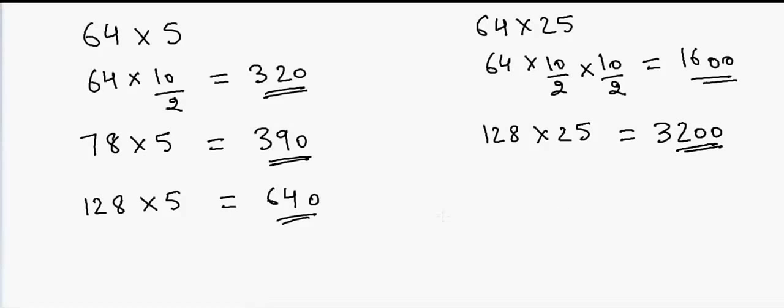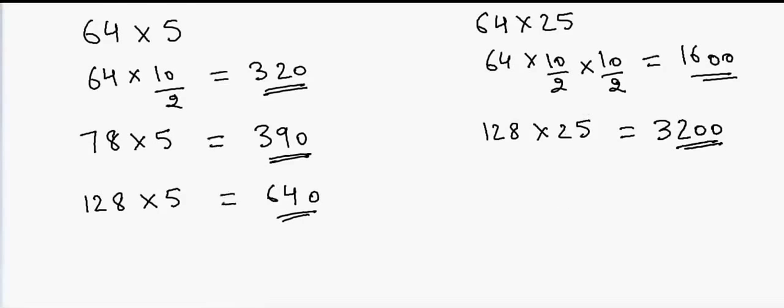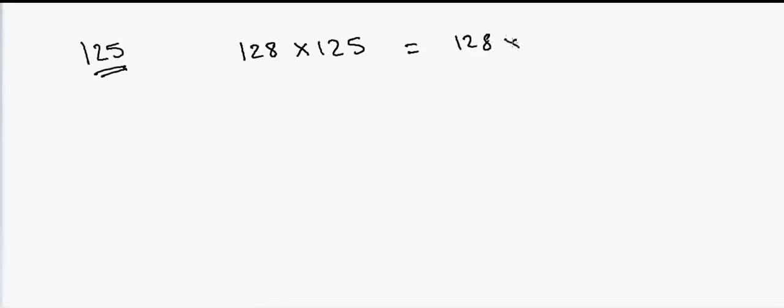Again, let's go to one more trick. If we have to multiply by 125, so how do I multiply by 125? I'll take an example. So 128 I want to multiply by 125, then that can be written as 128 into 10 by 2 into 10 by 2 into 10 by 2.